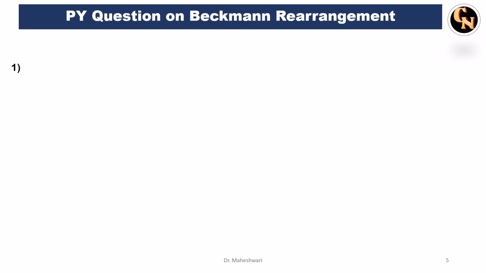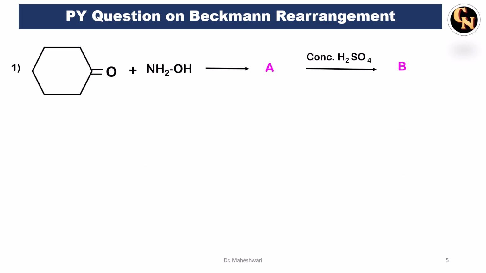So let us go to some questions which are asked in the NET/CET exams. These are the questions which they can ask on Beckmann rearrangement. The compound written here is cyclohexanone. Such a reaction they can give and ask what is A and B. Options may be given and you have to select the A and B option.